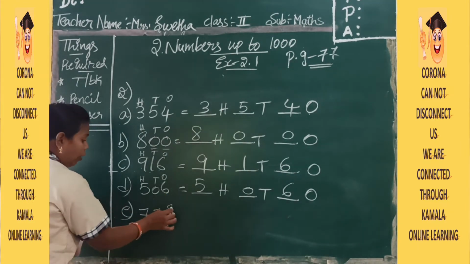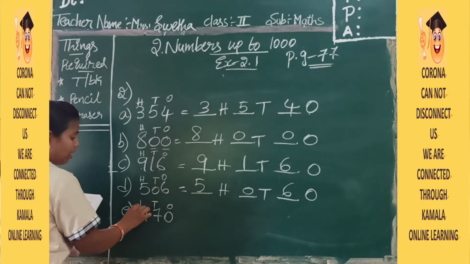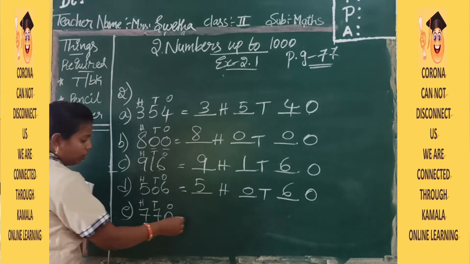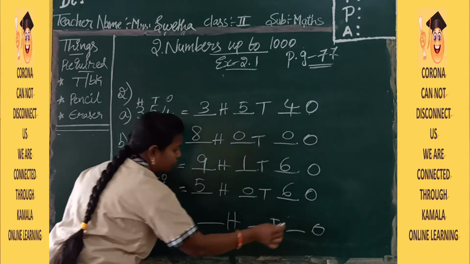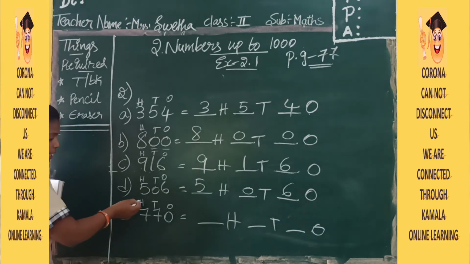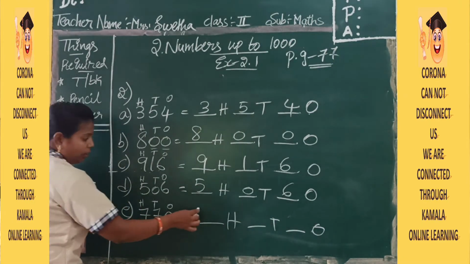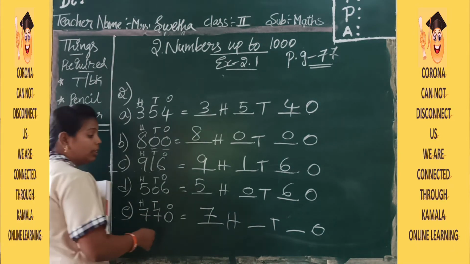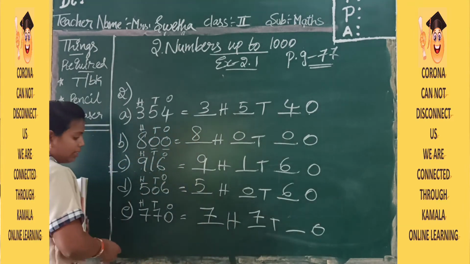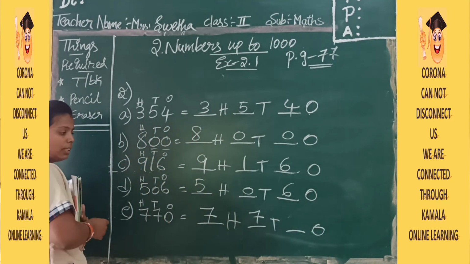First you write how many ones, tens, hundreds. Okay? And you can look into your question and you can write. See how many hundreds you have? 7. So, write 700. How many tens you have? Means in the tens place what is the number? 7. So, 7 tens. Ones place, how many? 0.